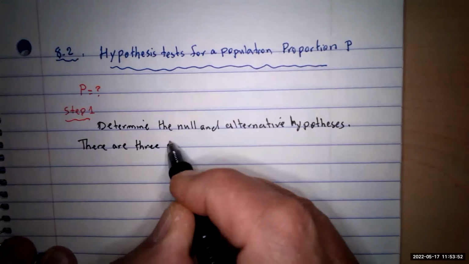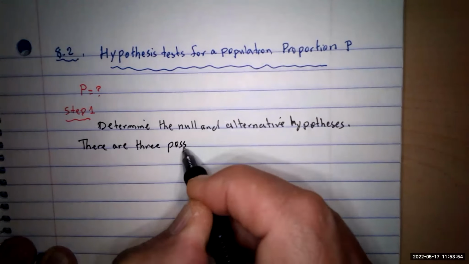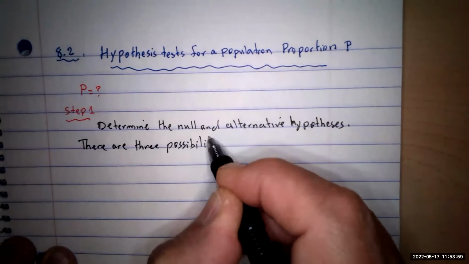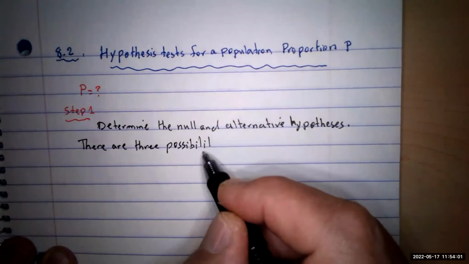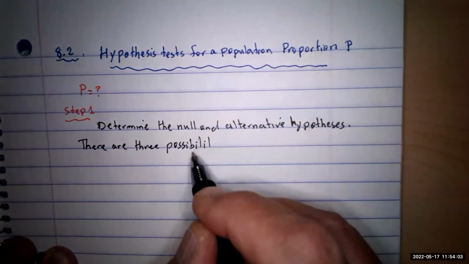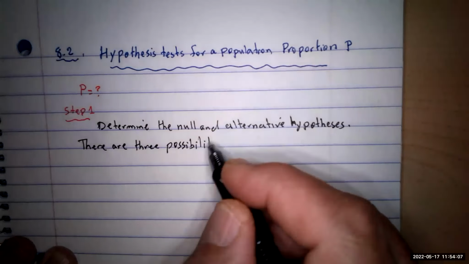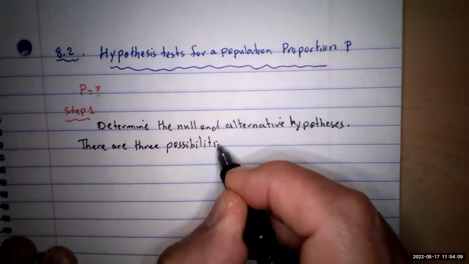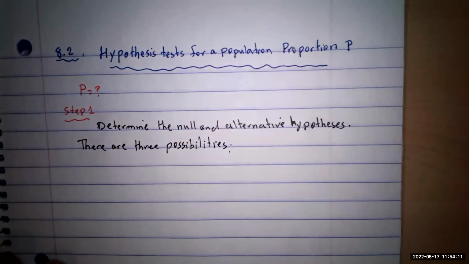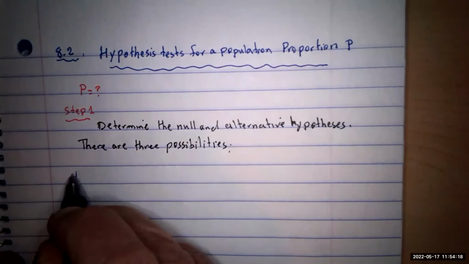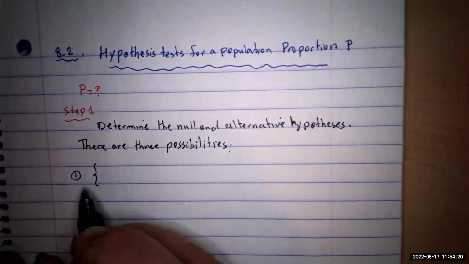The only difference is that it's only the Z that we're going to use, and sometimes finding the p-value. Okay, there are three possibilities.